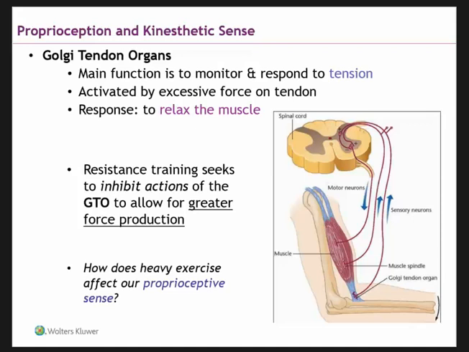The goal is to enhance the flow of information from the muscles to the central nervous system and back. So my point here is when we're fatigued after a heavy workout, our GTOs and our muscle spindles are less responsive. They don't work as well. So if they don't work as well, then our central nervous system is not getting the information that it needs. So we're affected by fatigue.